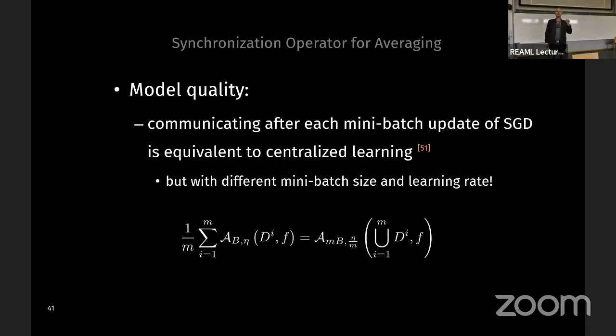That's not an issue if you have 5 clients or 10, but imagine you have 1 million clients. Let's say you do CIFAR with a neural network, you usually have a learning rate of 0.01. And now you do federated learning with these parameters with 1 million clients. Then your effective learning rate is 0.01 divided by 1 million.